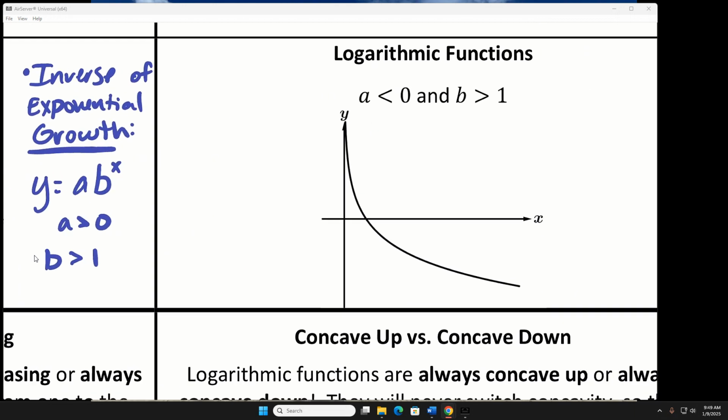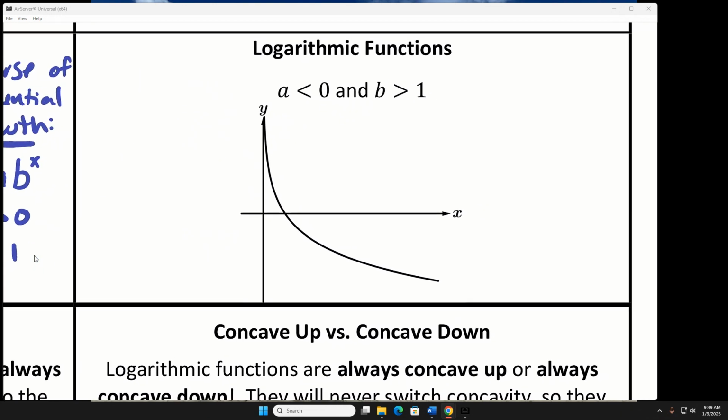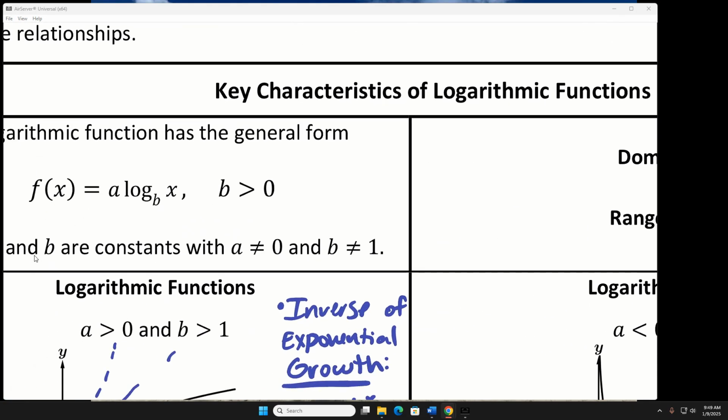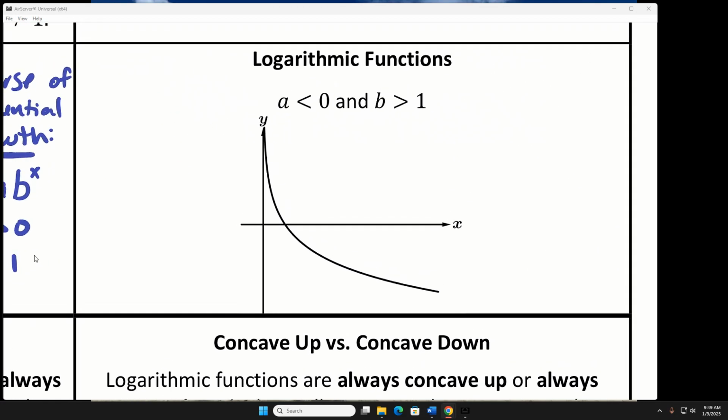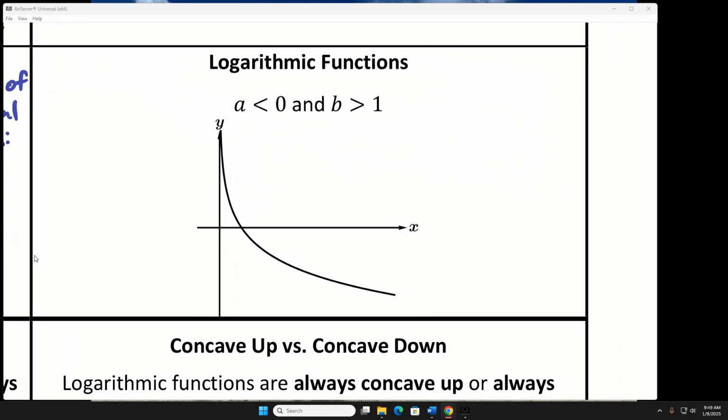All right, and then whenever we have a logarithmic function in this form, and that a is negative, it's going to be reflected on the x-axis. And it is the inverse of exponential decay.